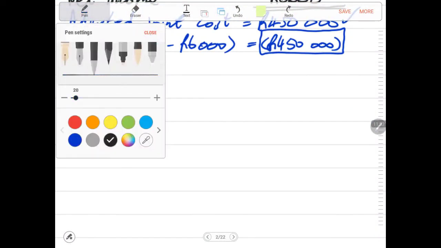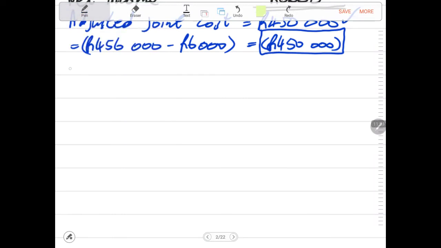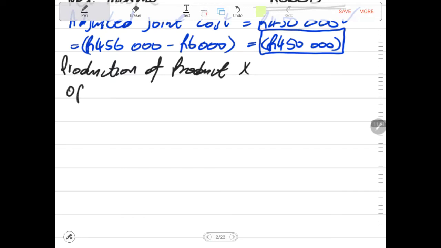So now let us calculate the production of product X. I'll just use a different formula today. We're calculating the number of units that were produced. We have a formula that says opening plus production minus sales is equal to closing. I just want to use this format today.